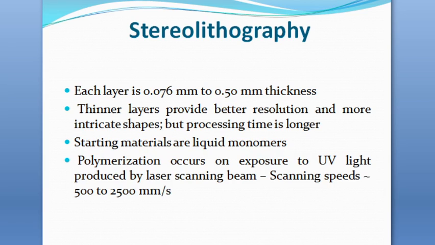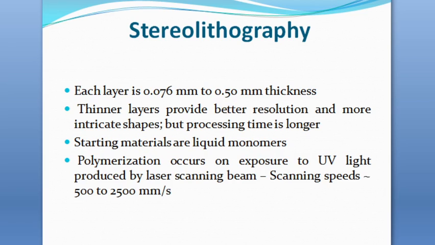Generally, layer thickness of SLA is 0.076 mm to 0.5 mm. Thinner layers provide better resolution and more intricate shapes, but processing time is more. As layer thickness reduces, processing time is high.